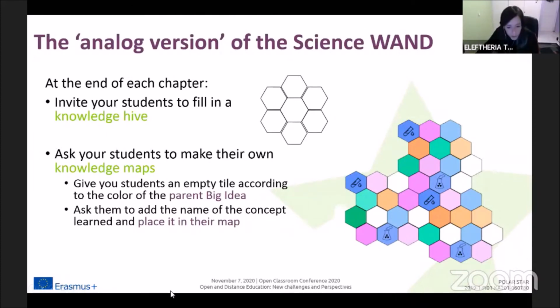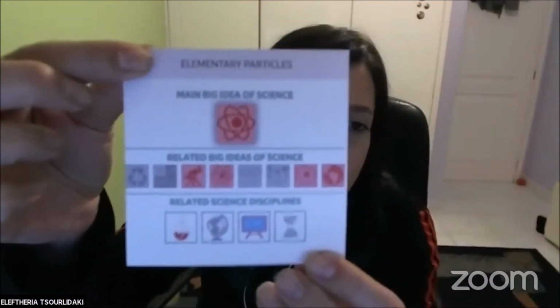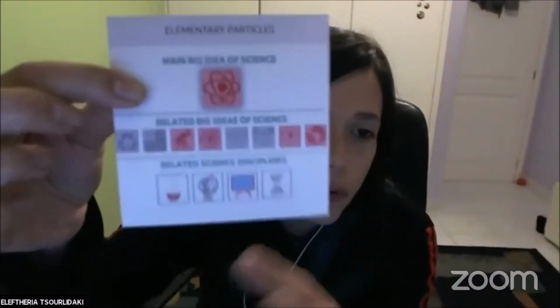I'm going to stop again to show you our deck. So the 86 basic ideas of science that we developed during the Platon project, we have them in a deck like this. So for each basic idea, this is the title of the basic idea. This is the big idea that it belongs to.